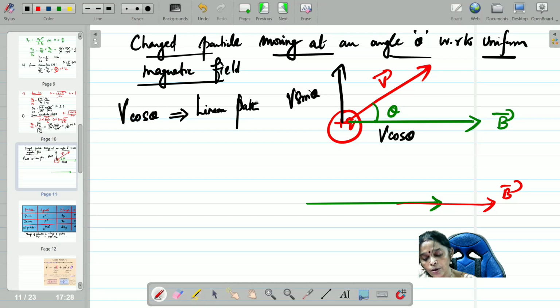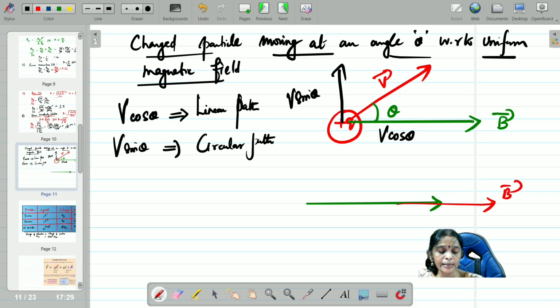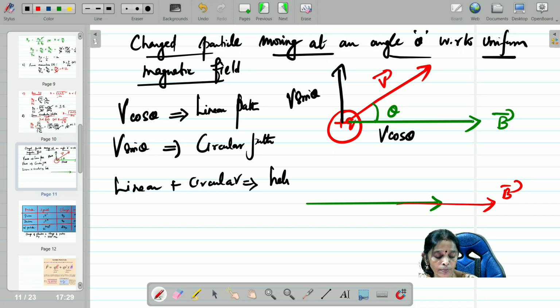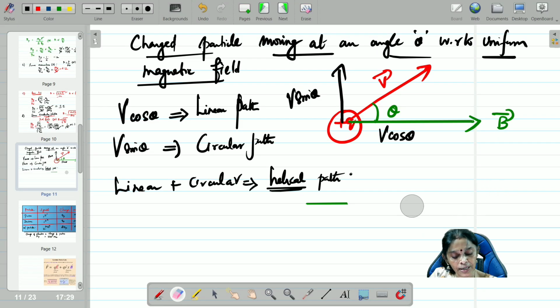Whereas the v sin theta component gives a circular path. Therefore, linear plus circular gives a helical path. Hope you understand, children.